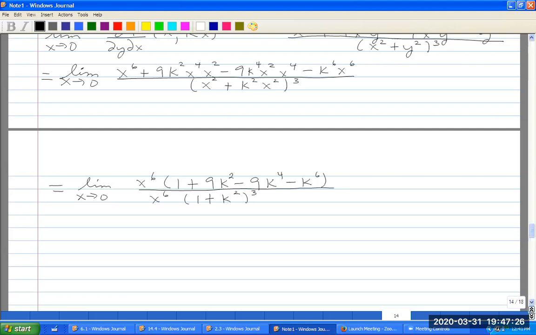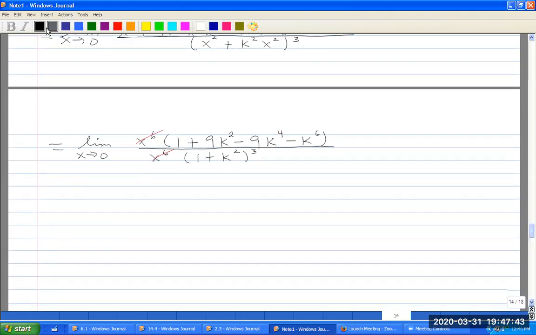And so the x to the 6 cancel. This is just now equal to a constant.